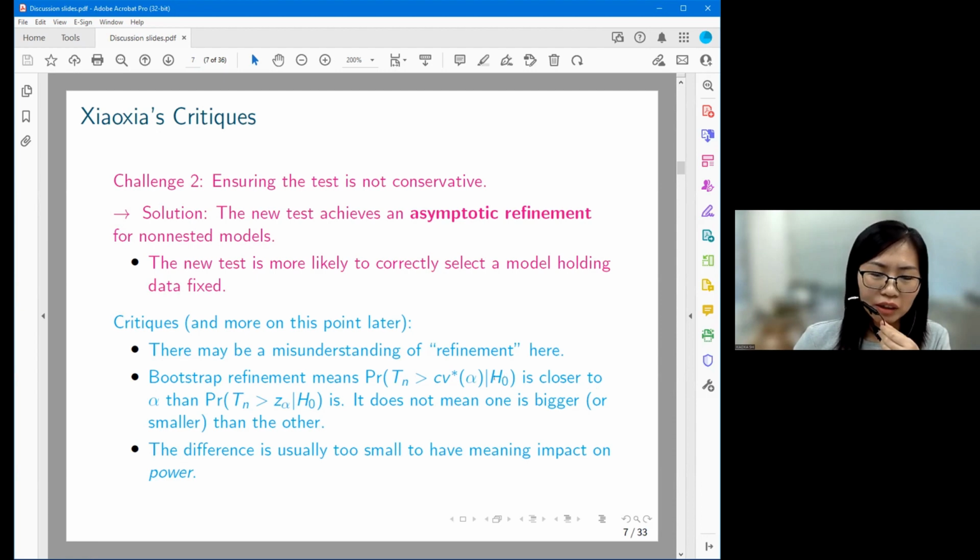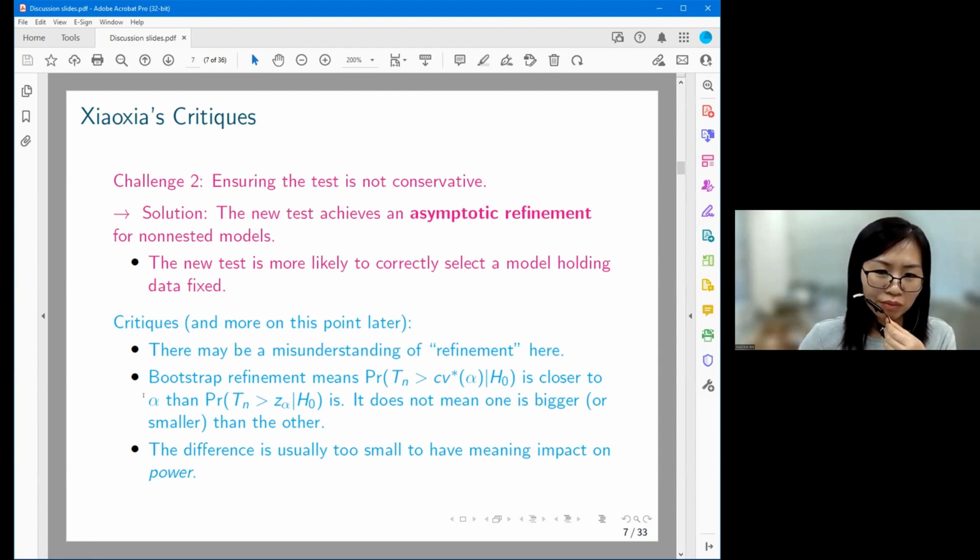So it's closer to 5% than the normal based test, but it does not imply that the bootstrap based test has a rejection rate that is bigger or smaller than the normal based test. So that is not what the bootstrap refinement says.